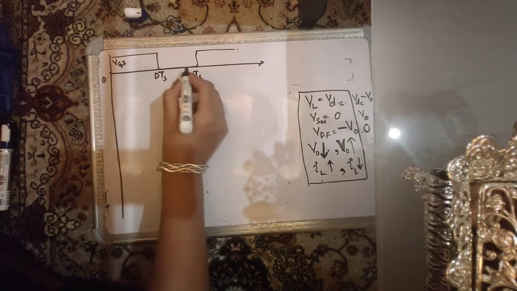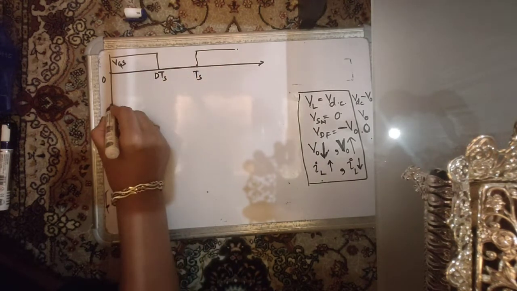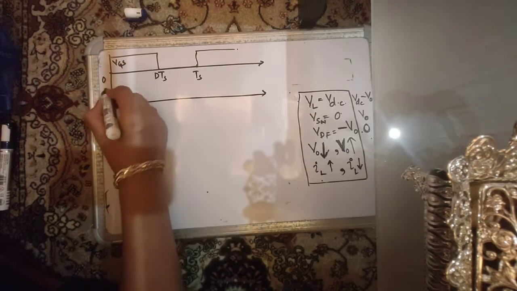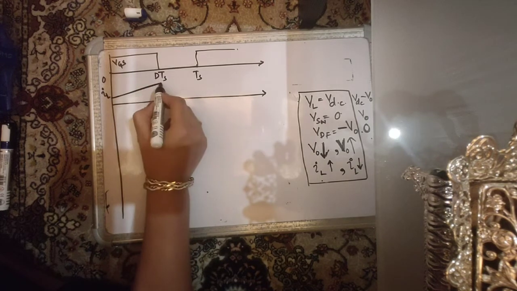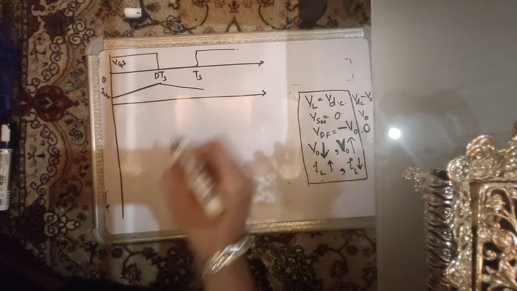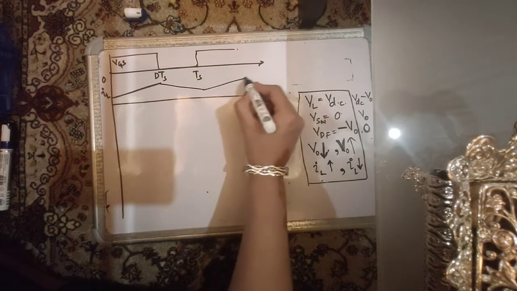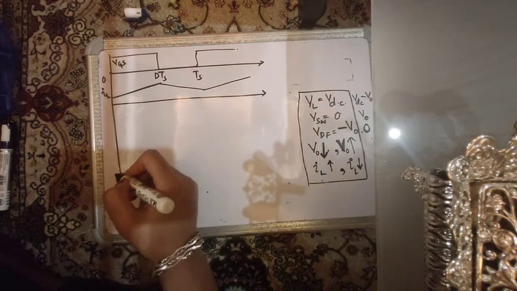So the switch is conducting and then the switch is not conducting. During this interval, the inductor is storing energy, so the inductor current is rising, and then the inductor is definitely releasing energy, so the inductor current is falling, rising, falling, and so on.